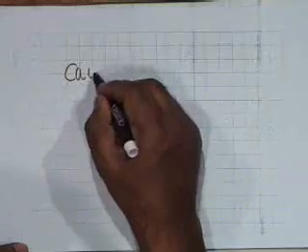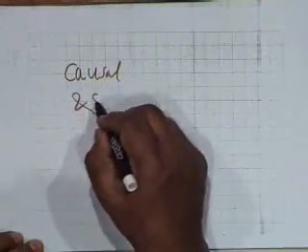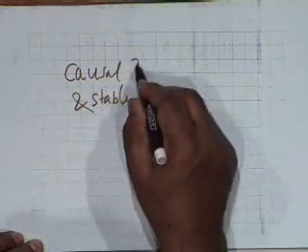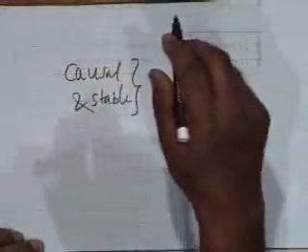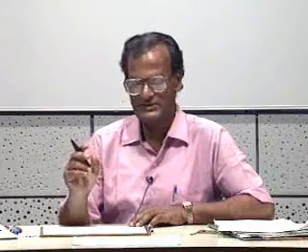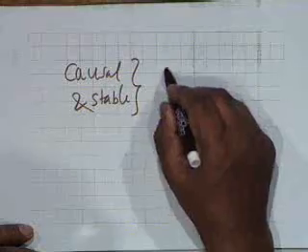If the system is causal as well as stable, I am only making a forward statement, very guarded in my statements. If the system is causal as well as stable, now you can make a definite statement. What is the statement? The ROC must be outside the unit circle.